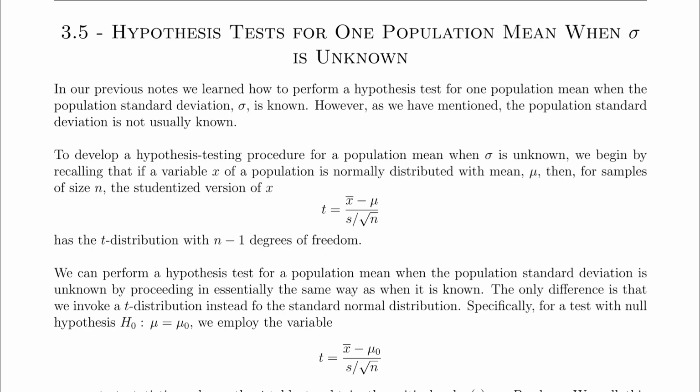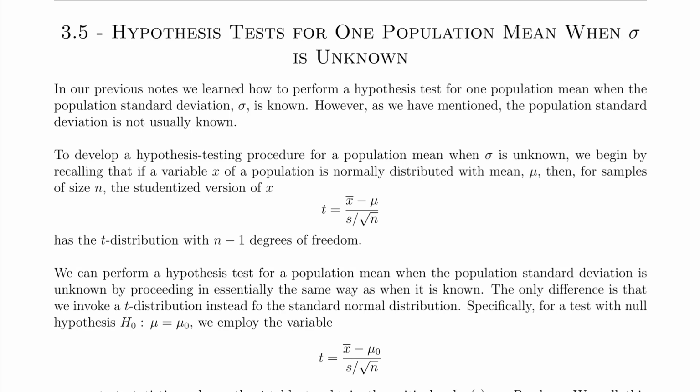So, when the sigma is unknown, we don't know the population standard deviation. We've done this before when we calculated the t statistics. We use the z values when we know the standard deviation of the population. We use a t statistic when we don't know the standard deviation of the population.